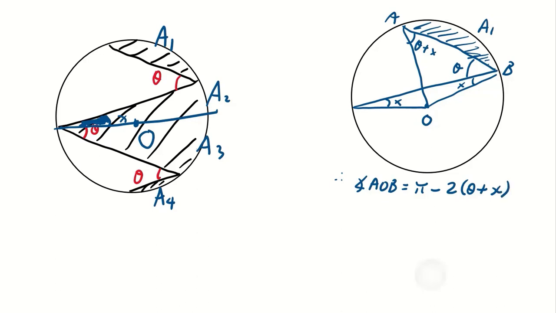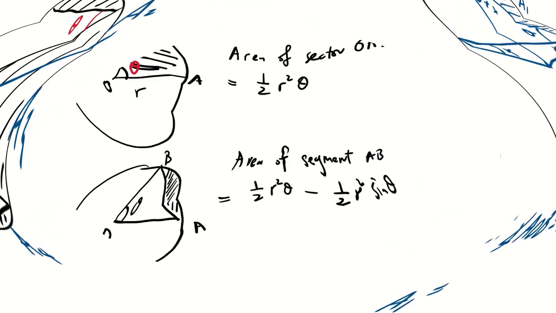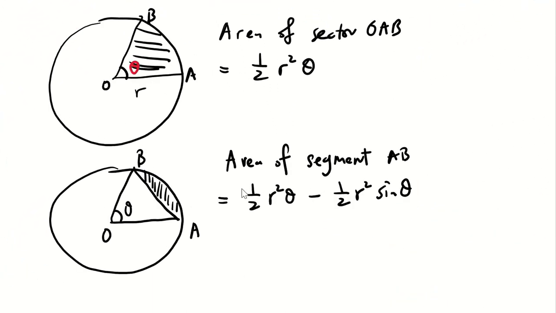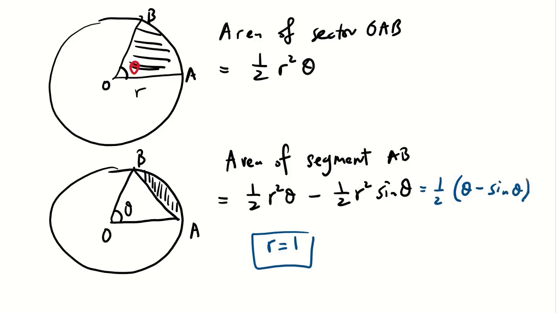Therefore, for the area of A1, without loss of generality, we let the radius of this circle equal 1. Then it will be easier for our calculation. Recall the area equals half r squared theta minus half r squared sine theta. With r equal to 1, this equals half theta minus sine theta.